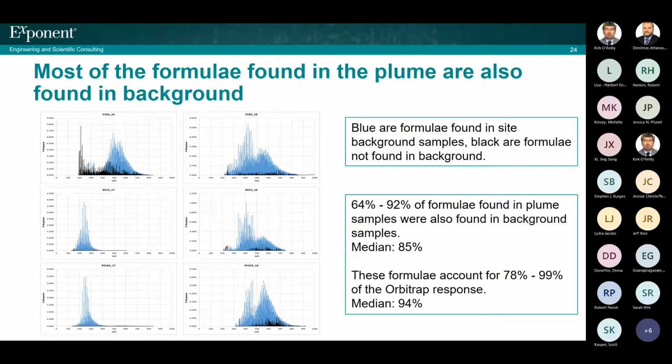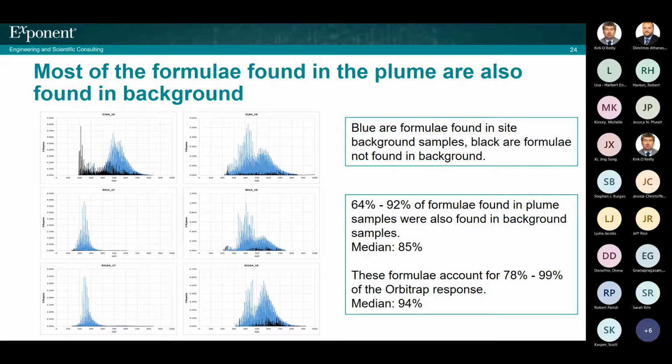So what we have here is looking at 6 samples that we collected inside the plume, so down gradient of the source, or potentially where we still had hydrocarbons. But then we looked at what we see in the blue. Those are chemicals that we see down gradient, but those same formulae are also up gradient.